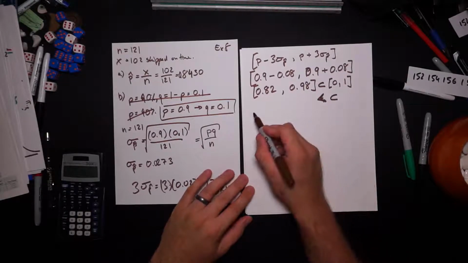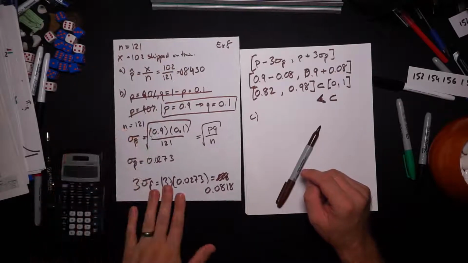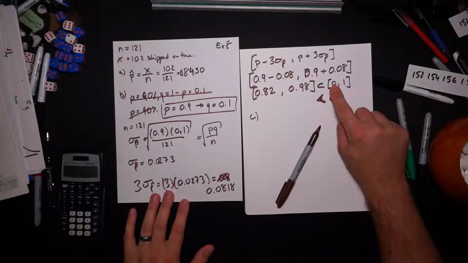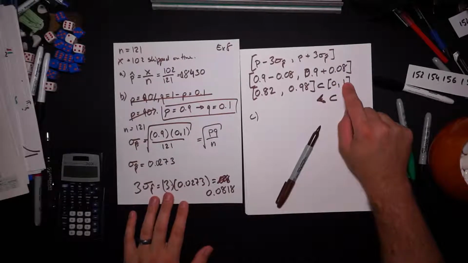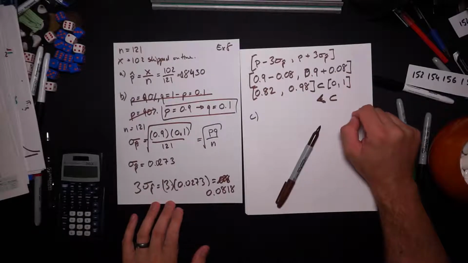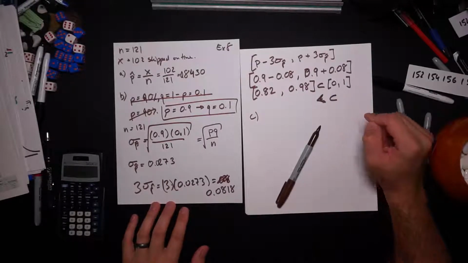So now we can get to C. First thing we did was the proportion, which is the difficult part. Then we checked that it matches the need to be approximately 1. And then we need to find C. Assuming the claim is true, find the probability that a sample of 121 would produce a sample proportion as low as was observed in the sample.